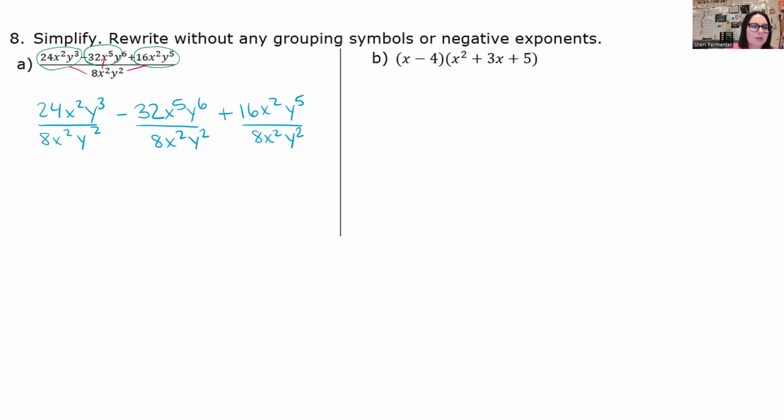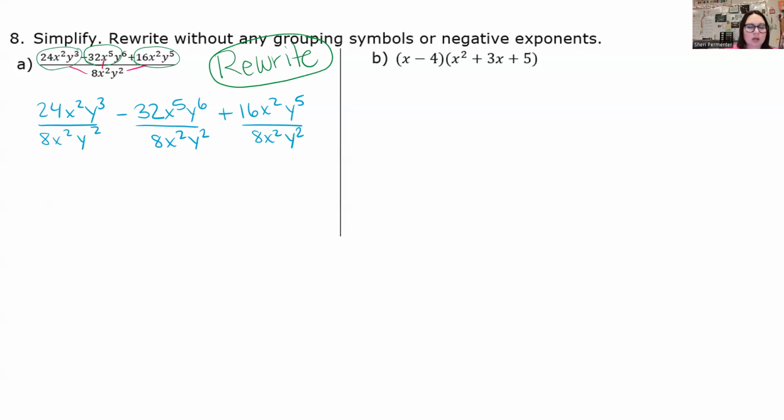So the main thing that you do for this type of problem is just rewrite. Once you rewrite it, all you're doing is reducing each one of those fractions. So looking at my first fraction, can 24 over 8 reduce?